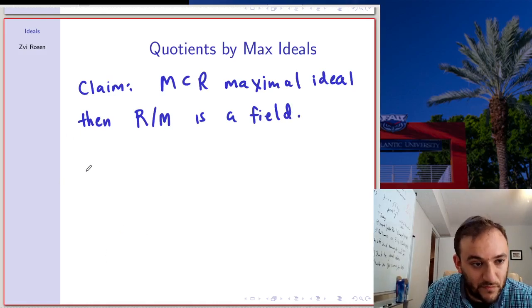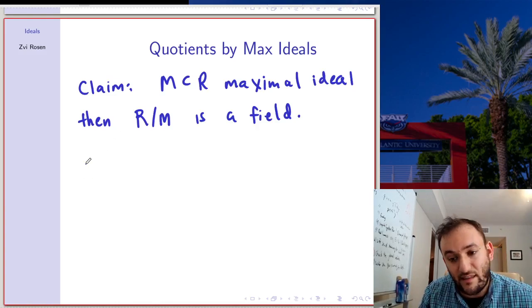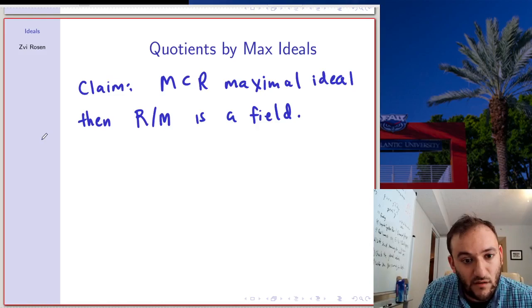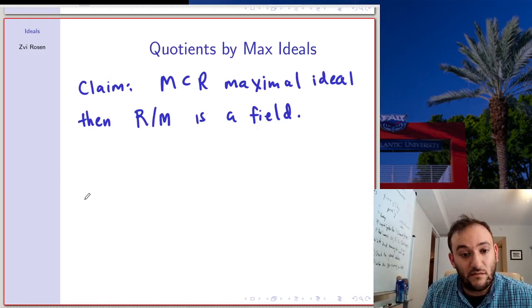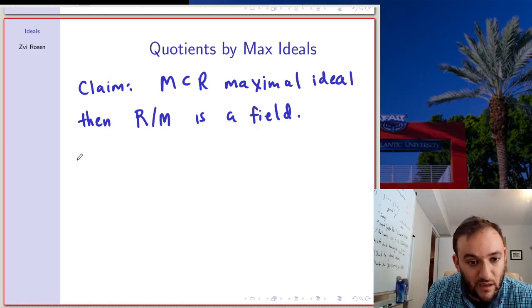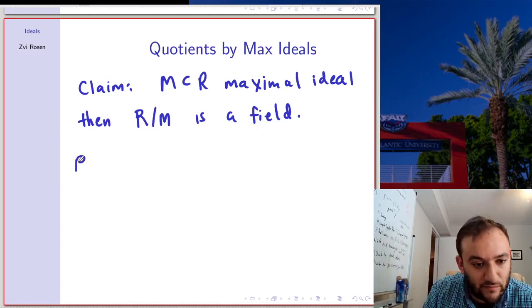Well, we know that for any ideal that contains M, when we map to the quotient, there's a corresponding ideal in the quotient ring. Okay? But how should I put this? Well, let's prove this a bit more directly.